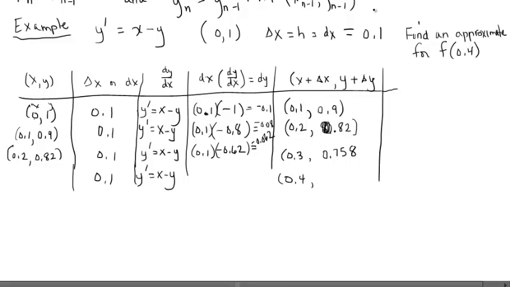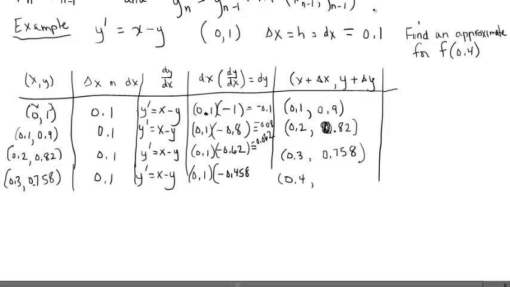Let's see what the y coordinate is, because that's the answer to the approximation question. Let's record this new point over here and go through the process again. Using this as our new base point, drawing a new short slope segment off of it, 0.1 times 0.3 minus 0.758, so negative 0.458.